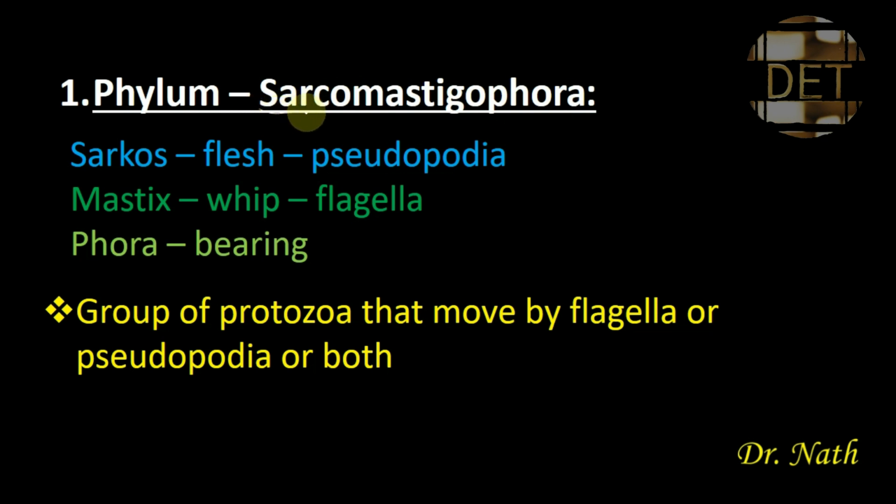The first word there is sarco, from the Greek word sarkos, and it means flesh. When we're talking of flesh in Protozoa, we're simply referring to the pseudopodia. The other word there is masti, derived from the Greek word mastis, which means whip.